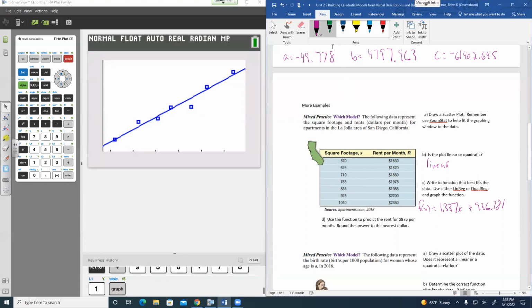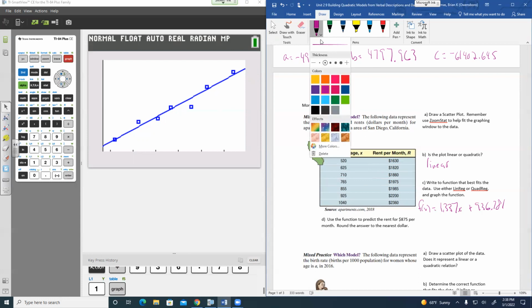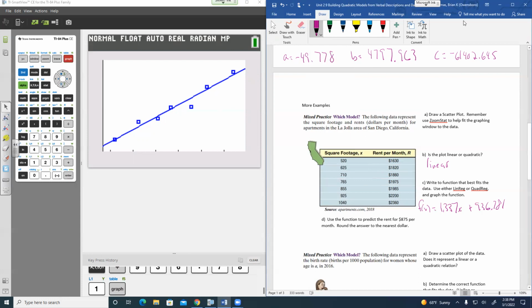Because we're trying to predict the rent, this 875 looks more like a square footage. So predict the rent for 875 square feet. Now this problem makes sense. And round the answer to the nearest dollar.